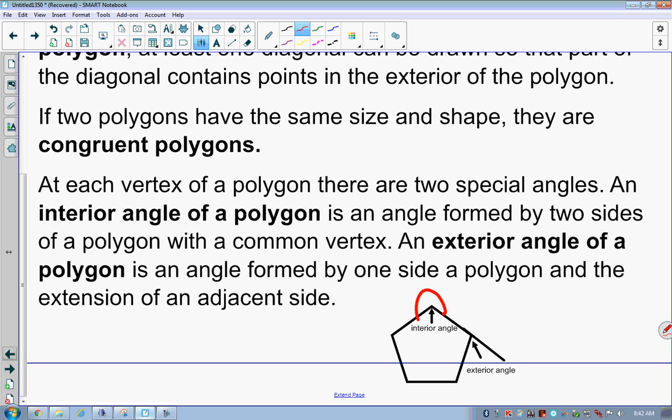It's if we took a side and continued it on out, it would be the angle formed between that extended line and a consecutive side. Does that make sense? If we were to do all of these, those angles would look like this. A couple of you who are in Algebra 3 have seen this. We've talked about exterior angles and how to find those.